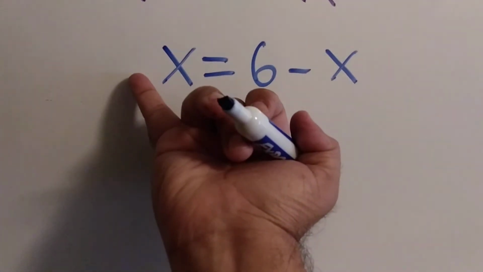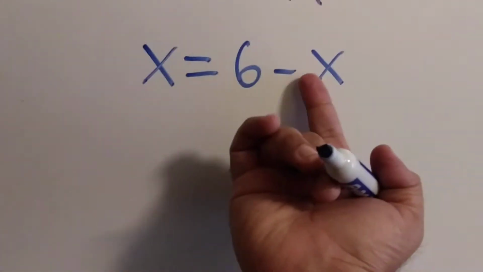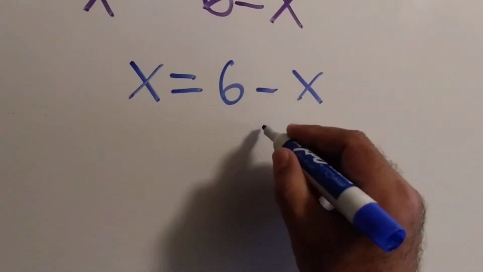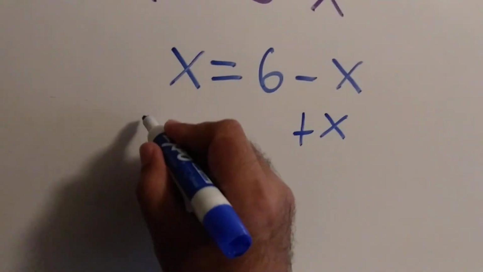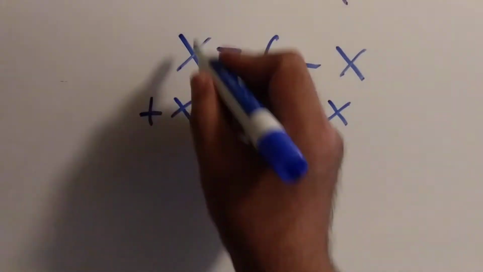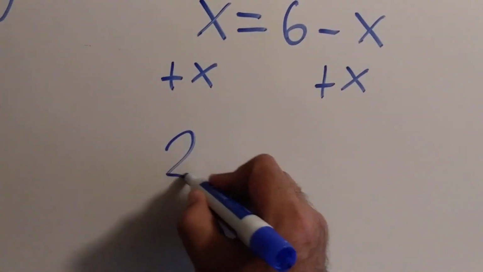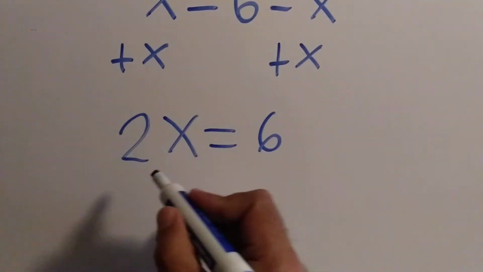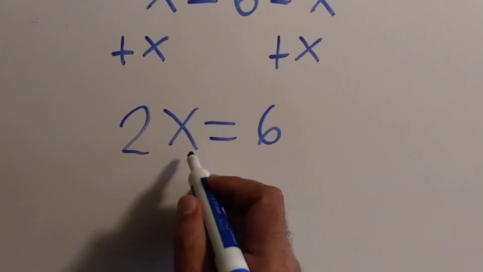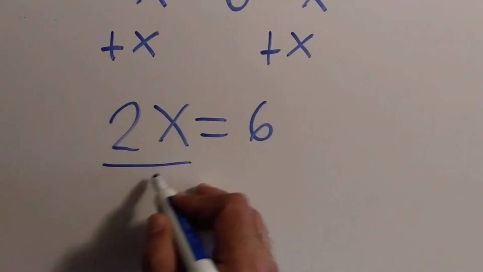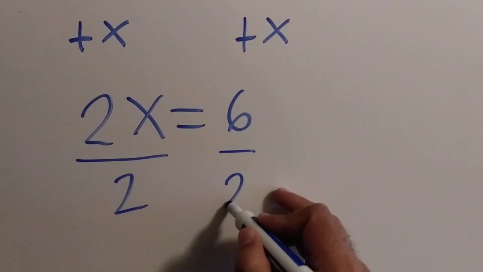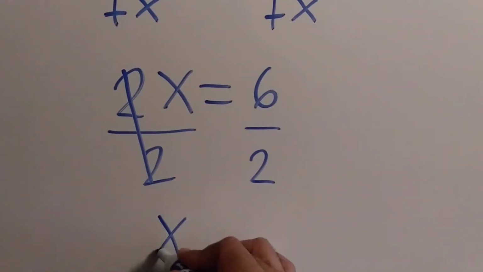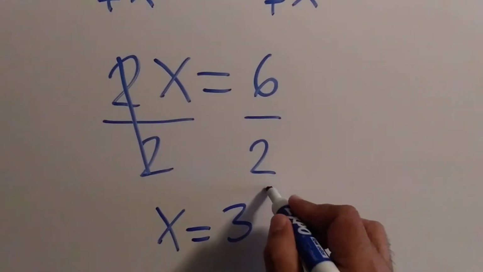Even though it's 1x here, this is one positive, this is one negative, right? So the negative 1 is the smallest, and we're going to do plus x. So when we combine the terms here, you have 2x equals 6. We proceed in isolating the value of x by dividing by 2 on both sides of the equal sign, and 2 divided by 2 becomes 1, so x is equal to 3.